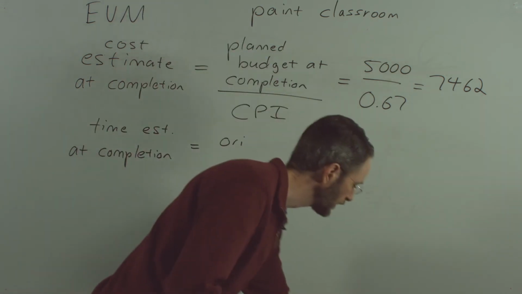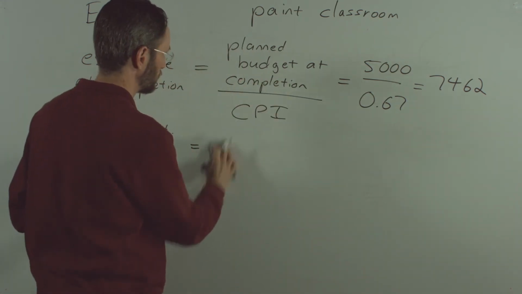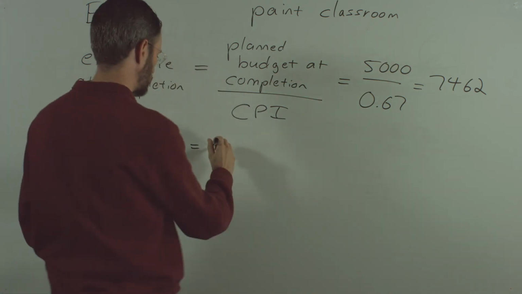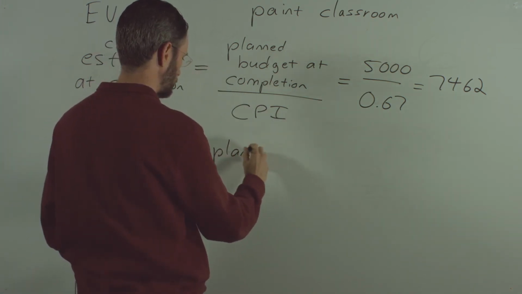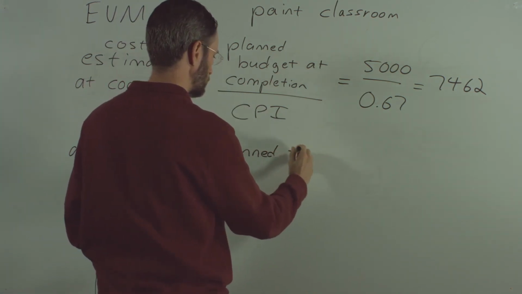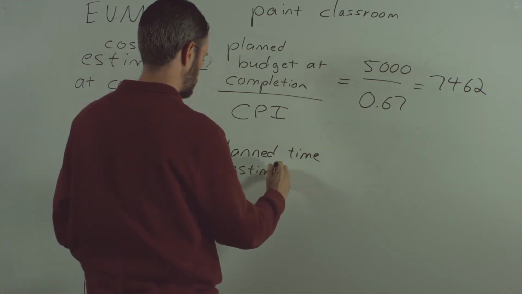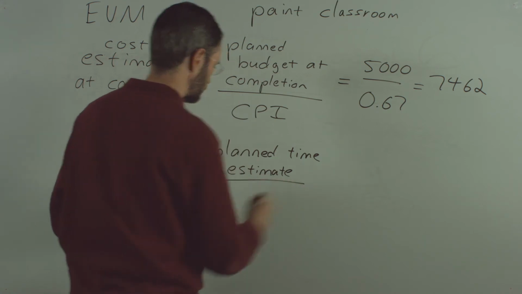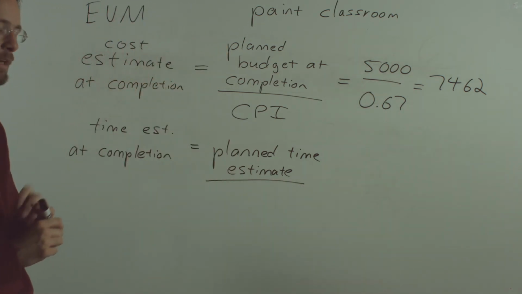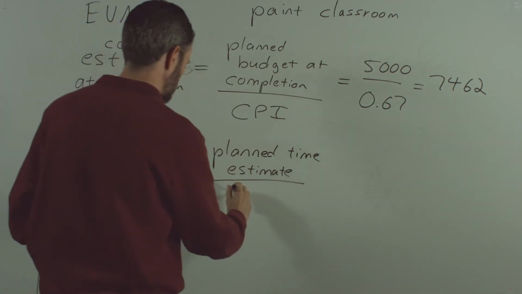I will say plan to be consistent. We divide that by schedule performance index, SPI.